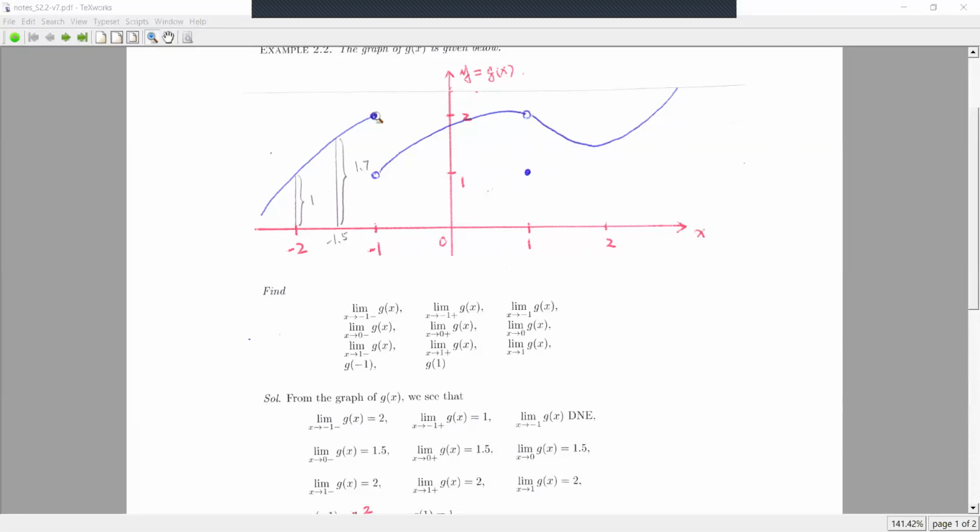This point, the height is 2. When x approaches -1 from the right side, the function approaches 1. The height of this point is 1. So when x approaches -1, the function approaches 2 different numbers. Therefore, this both-sided limit doesn't exist. DNE, doesn't exist. This limit doesn't exist.